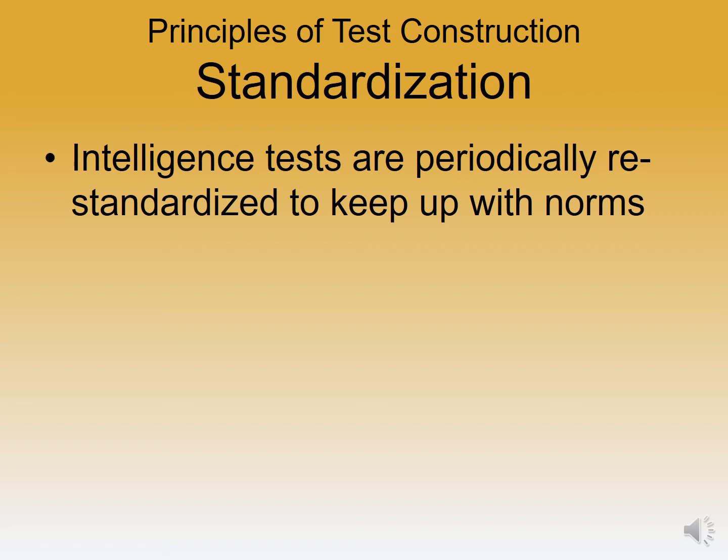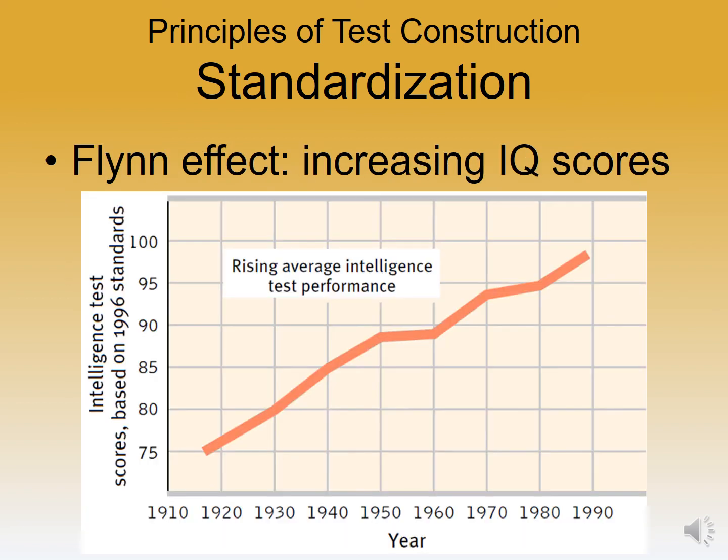Interestingly, scores have increased since 1910. This is called the Flynn effect because it was discovered by a New Zealander called James Flynn. What he found was that the average intelligence score in 1920 was much lower than it was in 1990.